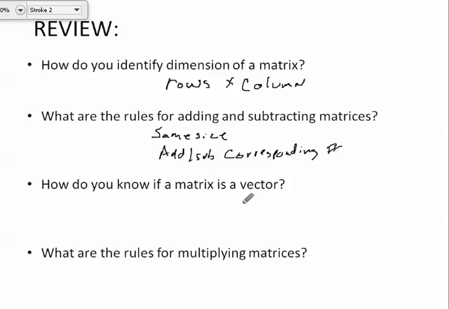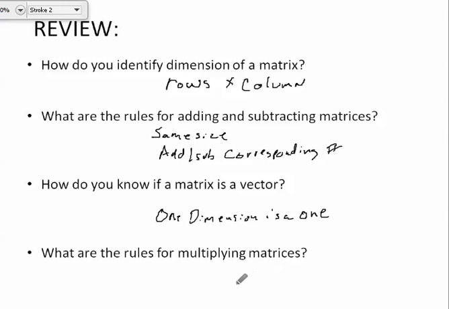Okay? How do you know if a matrix is a vector? It has one dimension that is a 1. Doesn't matter which one, just one of them.